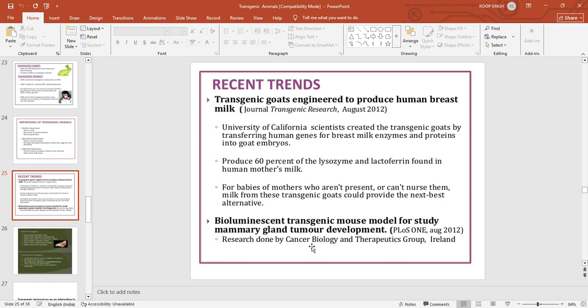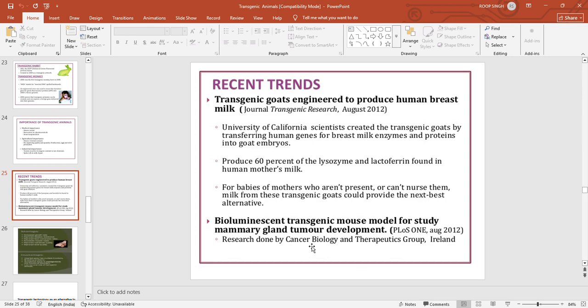Transgenic goats have been engineered to produce human breast milk. So this is another utility. The University of California created the transgenic goats by transferring human genes for breast milk enzymes and proteins into goat embryos. Now they produce 60% of the lysozyme found in human mother's milk.